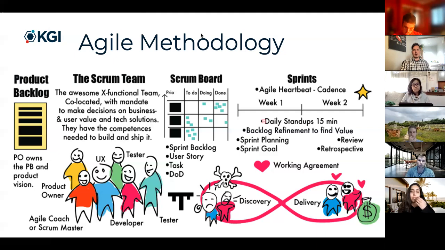Sprints, they call it an Agile Heartbeat. The reason is that it's this constant fixed time interval heartbeat of my product development organization, right? The idea is that at any given time, I understand what I am rolling out every 2 weeks or every sprint.